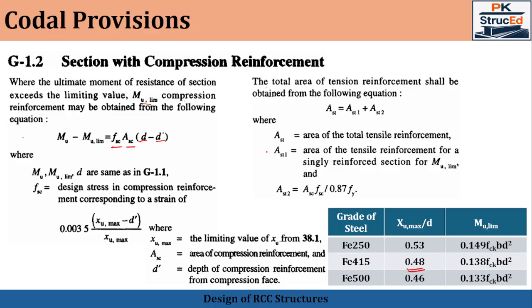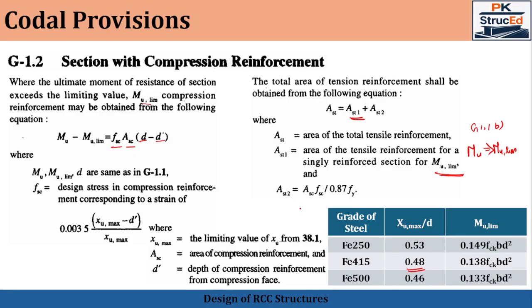So here AST1 will be calculated assuming that it is a singly reinforced section, considering Mu limit. In that case, we can go with G1.1b, the formula which is available, in which Mu will be replaced with the Mu limit. That is the only variation to be done in that formula. Rest everything will be known. You can calculate the AST, that is AST1.